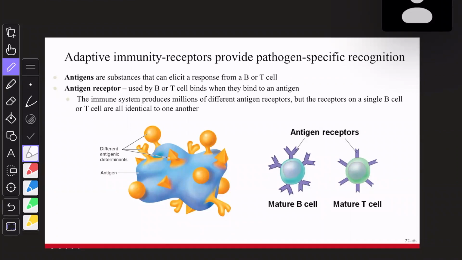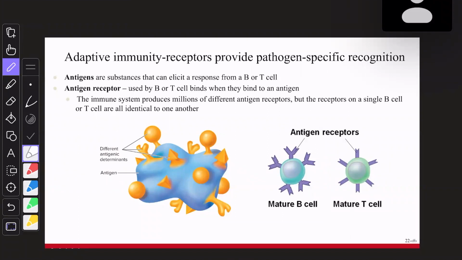We talked about antigens in blood typing, right? And remember, the antibody attacks the opposite of what's on the red blood cell. That's because it perceives that antigen as an enemy. Antigens to the immune system are the enemy.